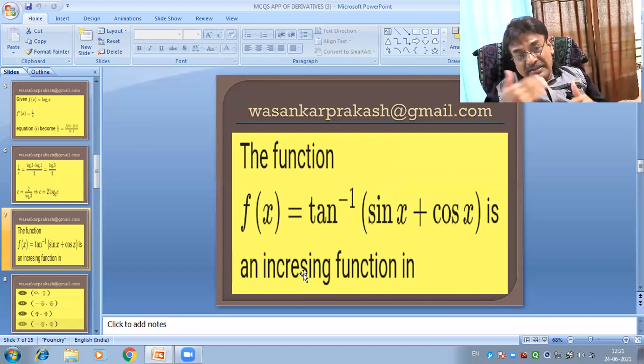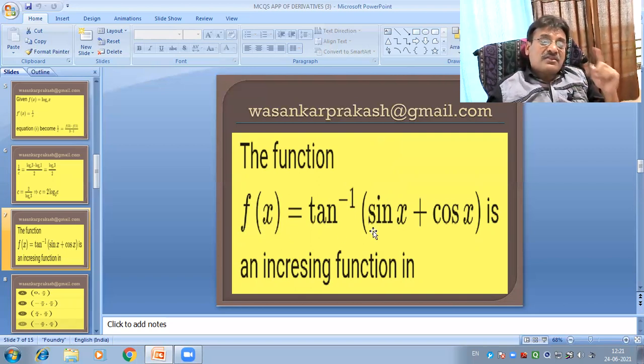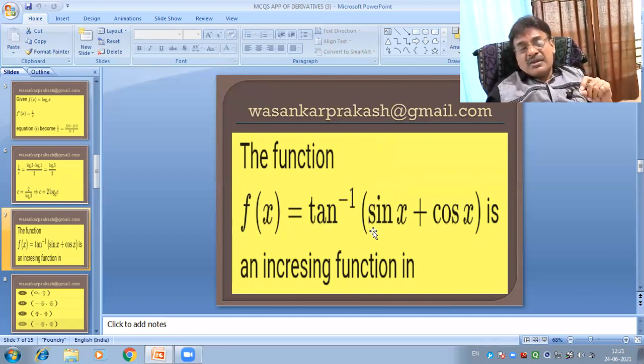So first we find f dash of x, and f of x is given. f of x is equal to tan inverse of sin x plus cos x. From this function we find f dash of x, that is, we find the first order derivative. For finding the first order derivative, we use the simple derivative formula.